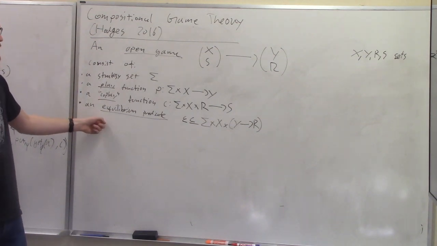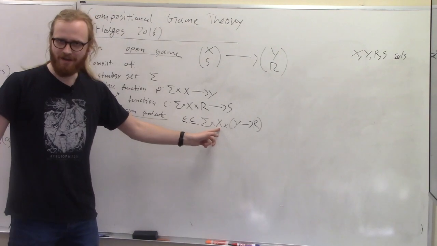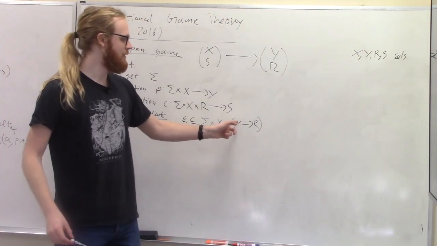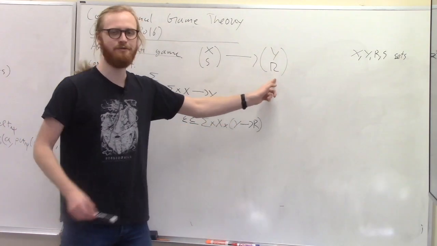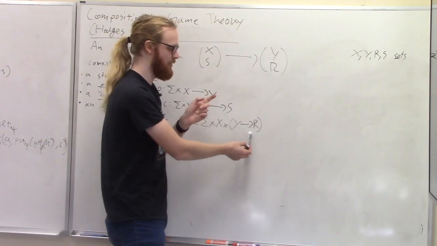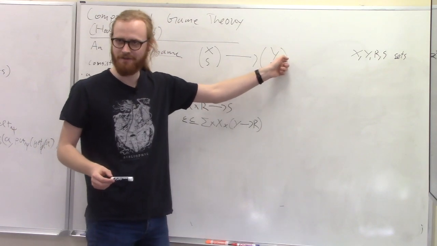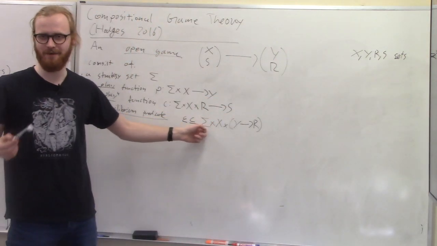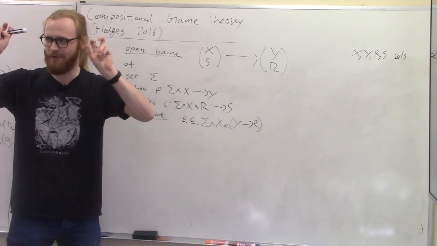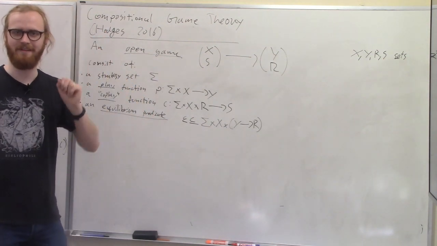And then the equilibrium predicate tells you for every x and for every function from y to r, this is sometimes called a utility function, this is the function that tells you what you get depending on your choice, there's some subset of the sigmas that are in equilibrium, which is supposed to mean good. They're optimal.